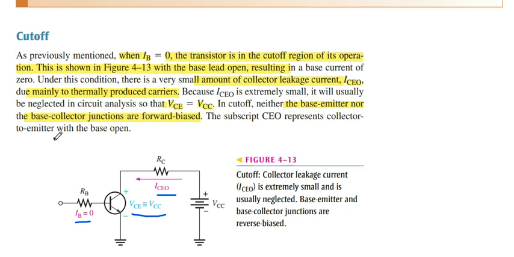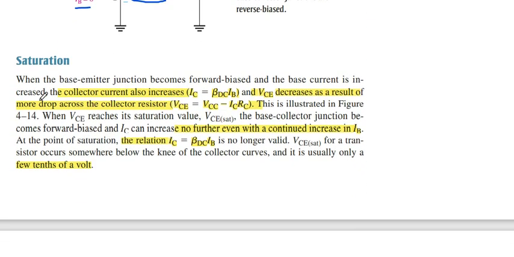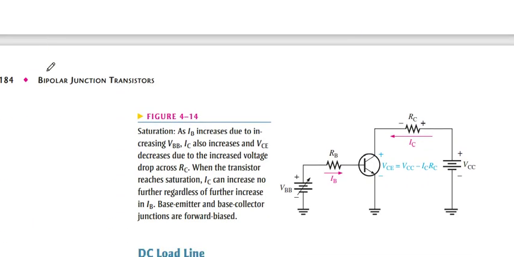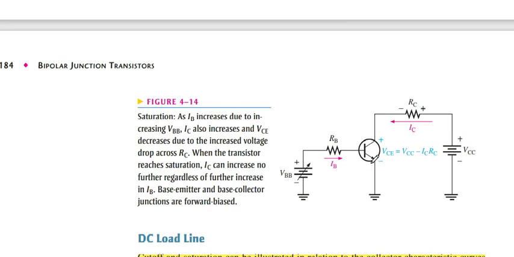Next, the saturation region. I also discussed it above. In the saturation region, we increase IB. As we increase IB, IC also increases through the VCE. When we reach the saturation region, what happens?